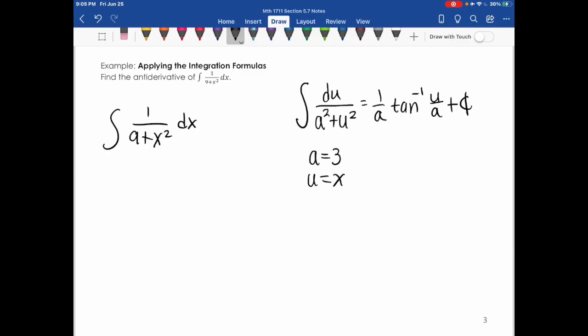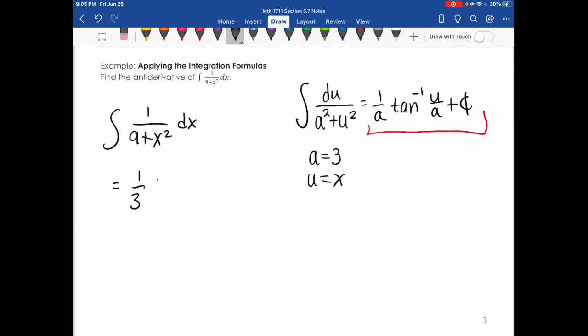Now, there's nothing additional in there like 2x or 2x squared or anything like that, so we don't have to worry about any u substitutions. So I can just directly plug this into our formula of 1 over a inverse tangent u over a plus our constant.